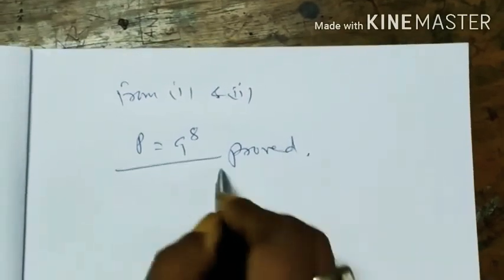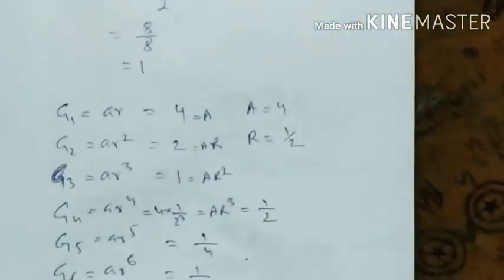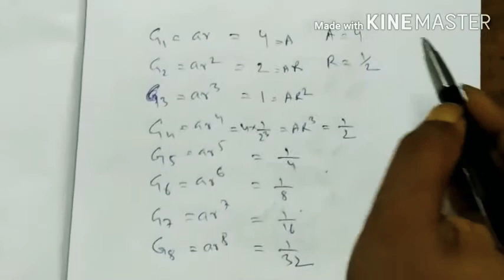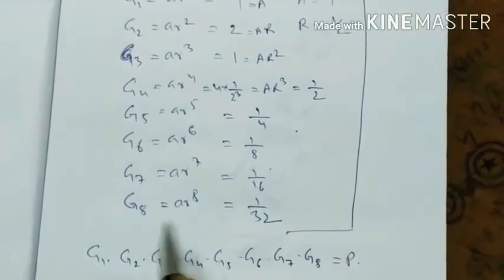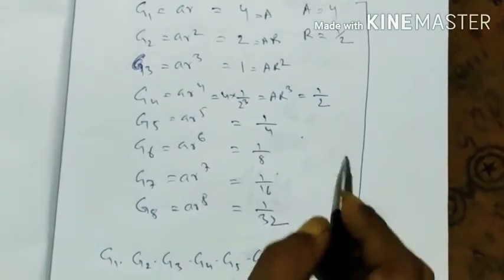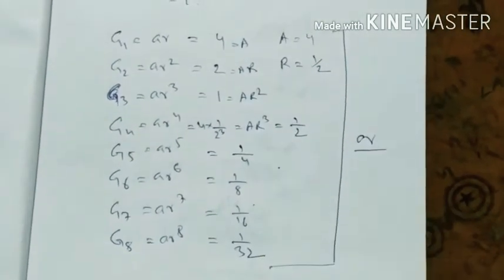Now let me do one thing for you. This is G1, G2, you can proceed like this, but while calculating G3, G4, instead of doing this, it will be better, you can do this in this way. You go for all the G2, G3, you go for all of them.